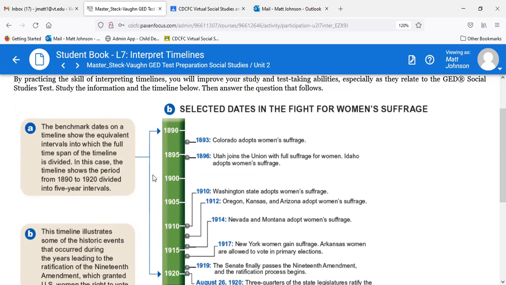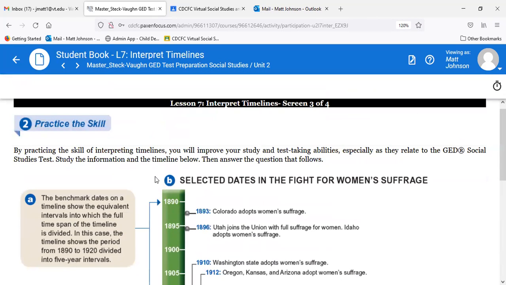And then right here we have, as I mentioned in our text, the fight for women's suffrage, the fight for the women's vote.